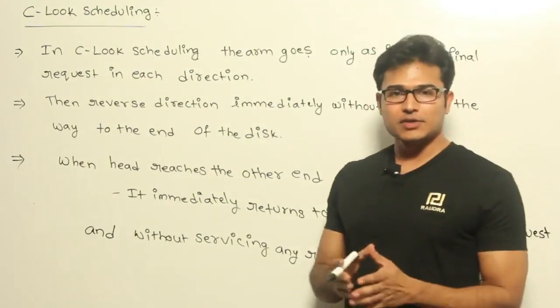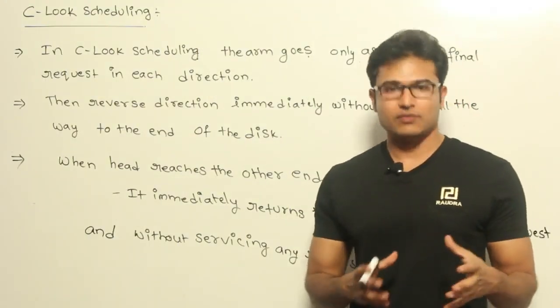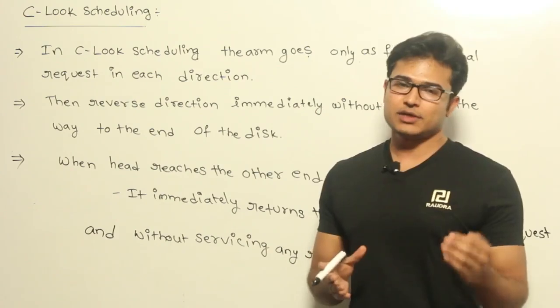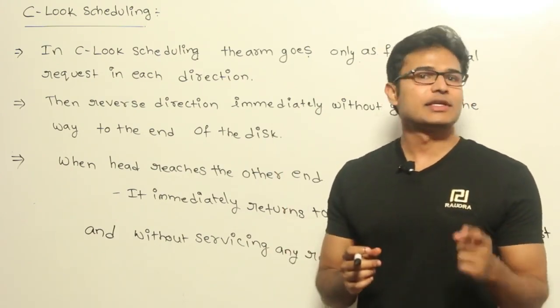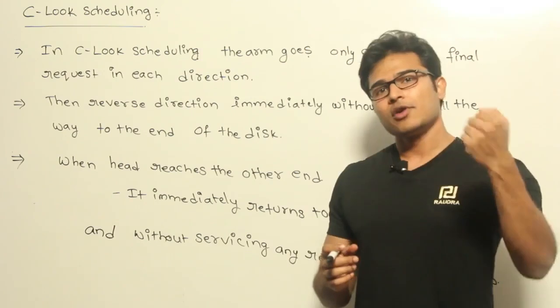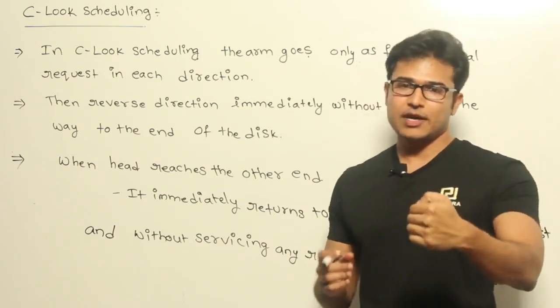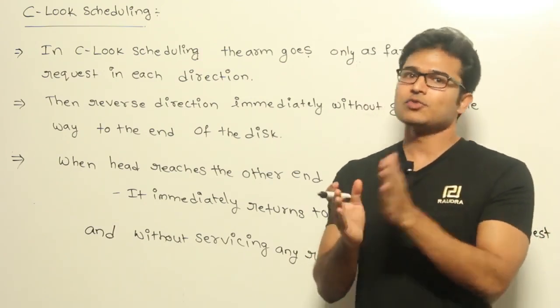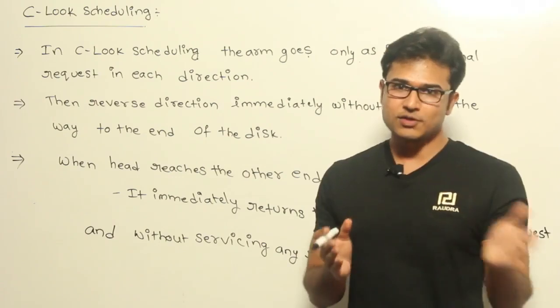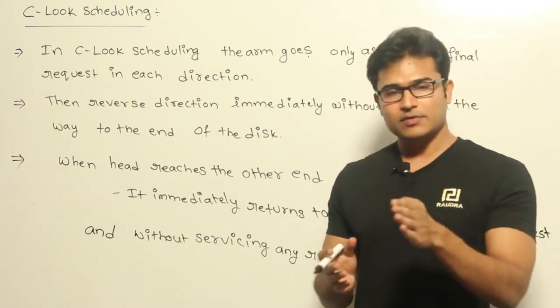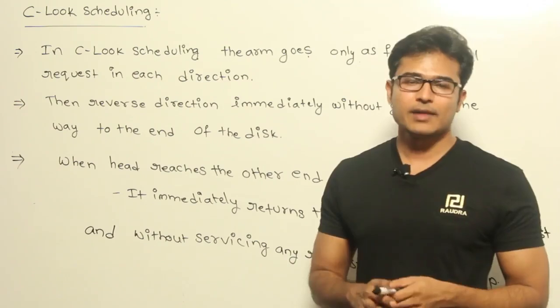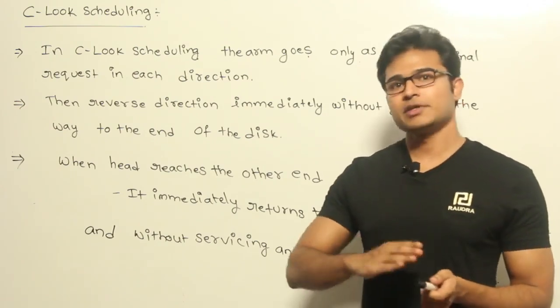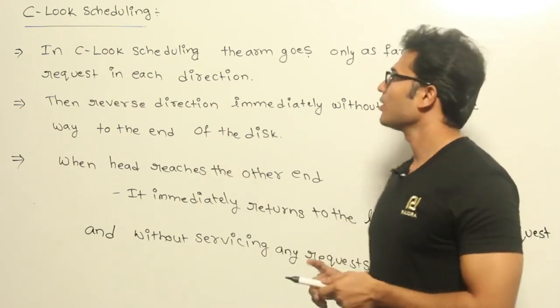Now the direction in which the head is moving, if it is not given in the question, you assume that it is going to start at one point and go towards the higher number cylinders. In case the question says that we are going to start with this number and the head is going to move towards the left, which means towards the lower numbers, then you assume that we are going in the other direction, right? The direction will be given in the question, okay? If it is not given, assume that it is going towards the higher numbers, okay?